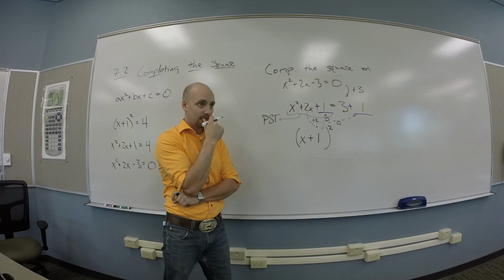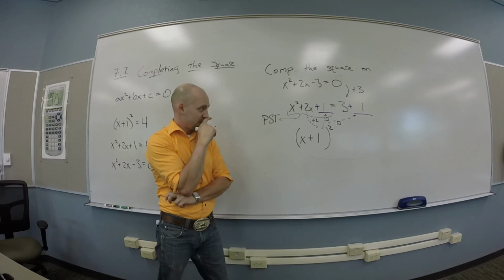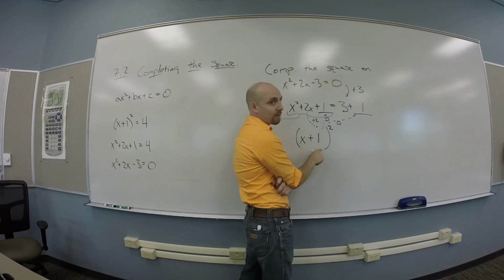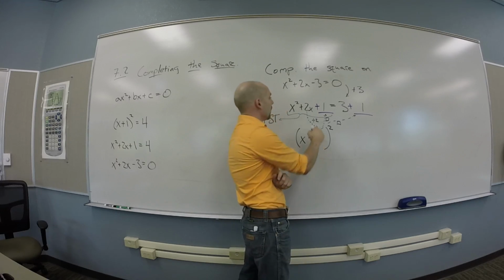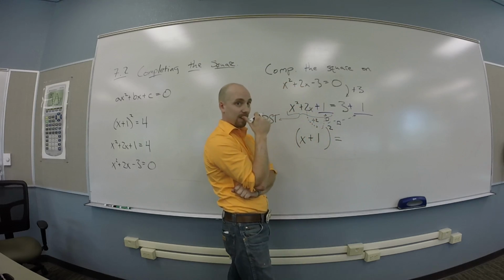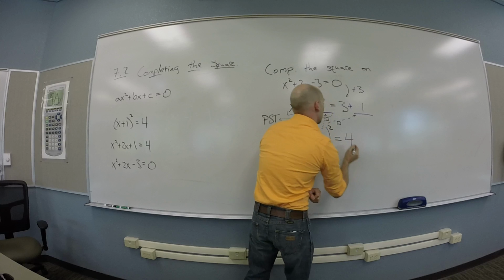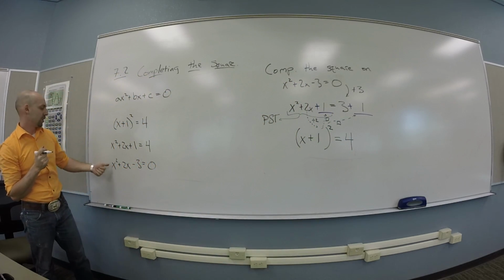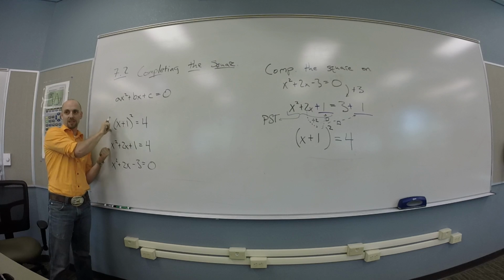Okay, see that? Now I could FOIL this thing back out to check. I get this thing. What's the right-hand side? 4. You guys see the little dotted arrows are bringing me from here back to here?